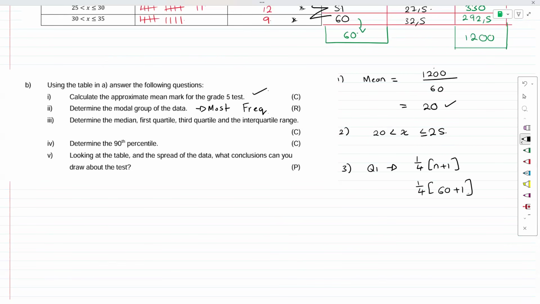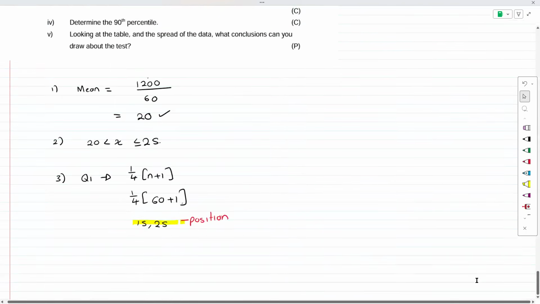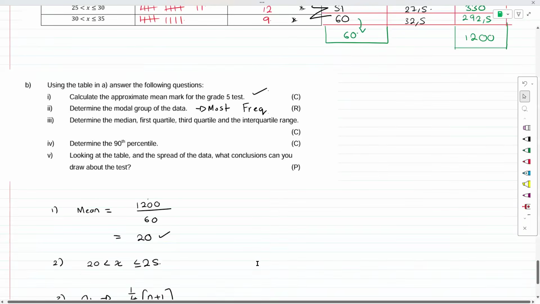And remember, this gives us position. It doesn't give us the answer. So, 15.25. Now this gives us position. It does not give us the perfect answer. So we still need to go and calculate. You can look at the cumulative frequency to make it a bit easier.